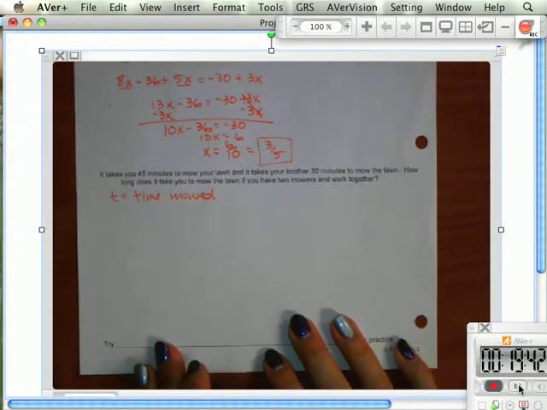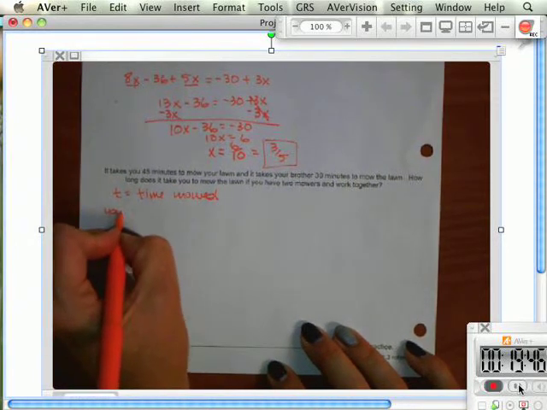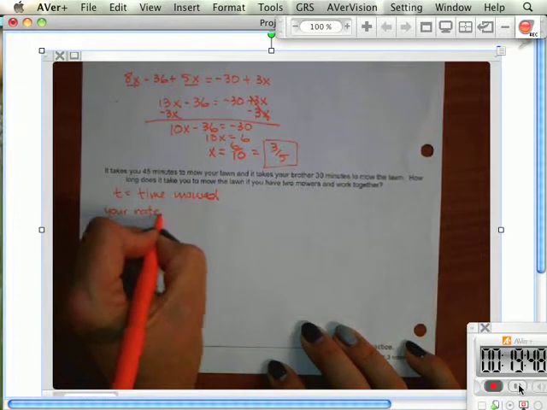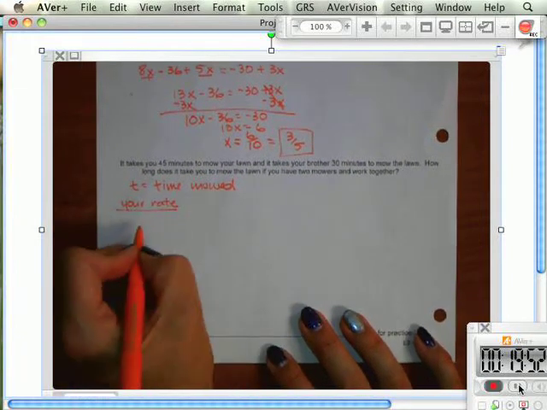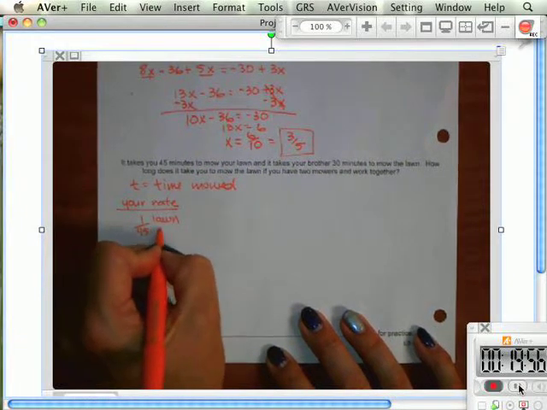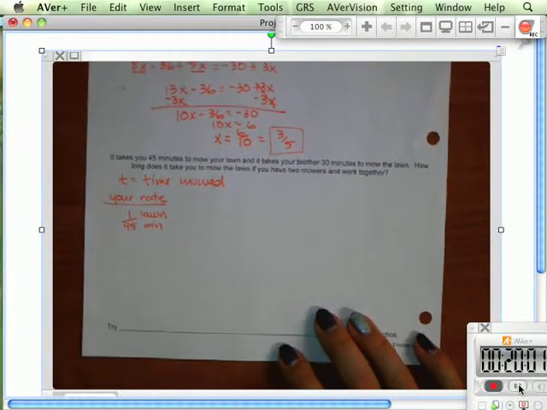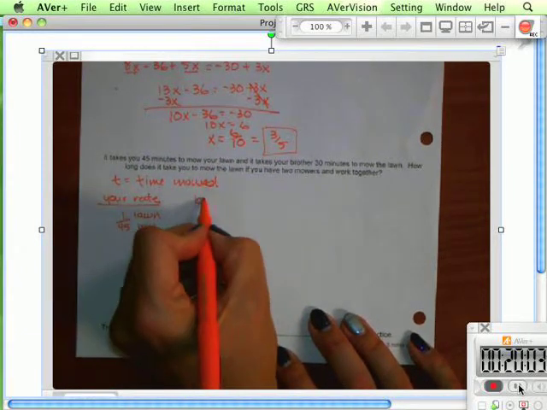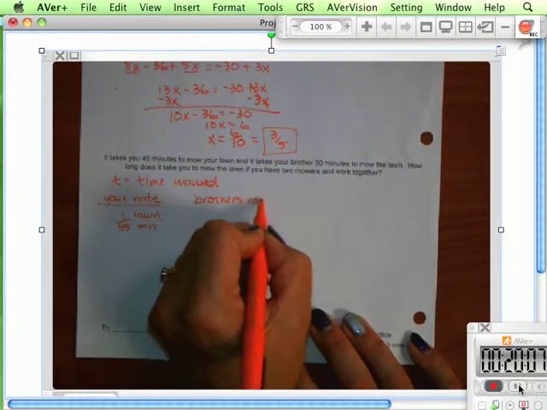So you have to think of a rate for both you and your brother. So your rate, how fast do you mow the lawn? You take 45 minutes. So you do 1 lawn in 45 minutes. You might be able to do it a different way. Your brother's rate, how fast does he do it? 30 minutes.